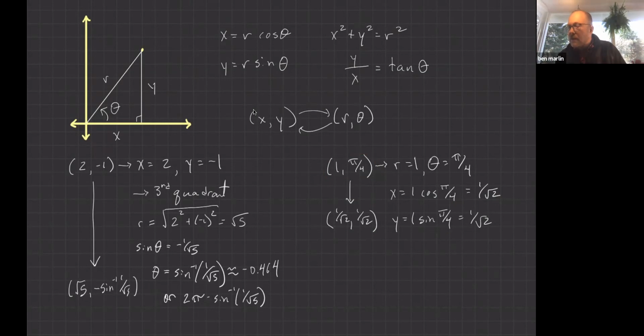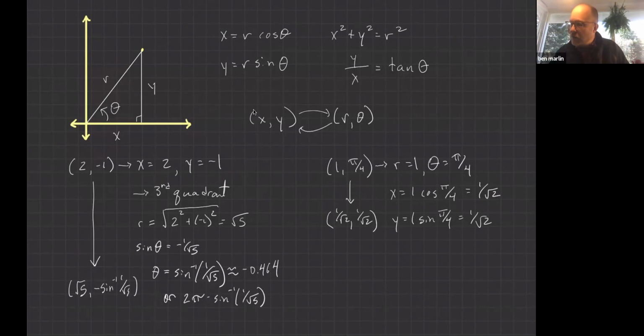All right, more complicated is if I give you x, y points and ask you to convert that into r, theta. So here I just made up a couple numbers real quick. As usual, when I made them up without thinking, it got complicated. But if it says (2, -1), you know that the x and the y are going to be 2 and -1.